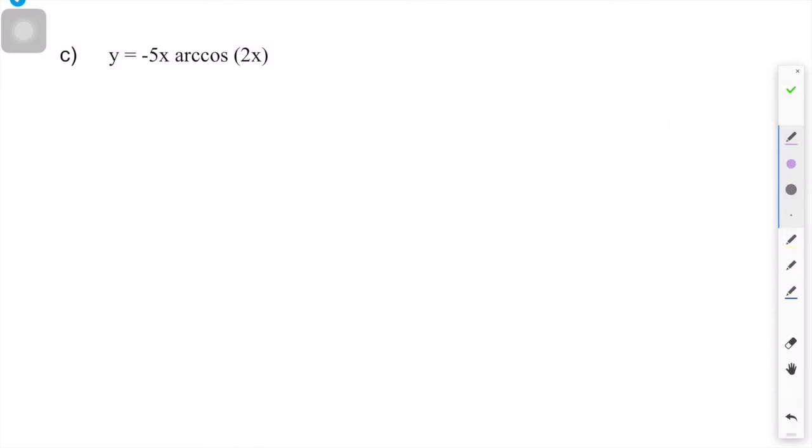I noticed that there is a coefficient of -5 that I can set aside and use the product rule to take the derivative of x times arccos 2x. I also know that eventually I will need this triangle to help me figure out what's related to arccos 2x.